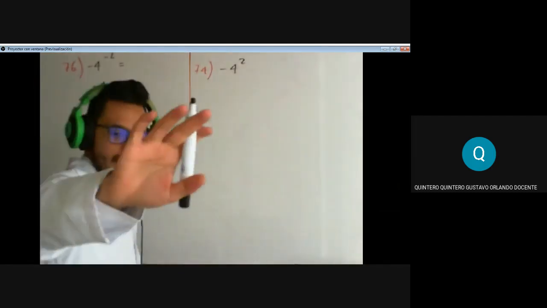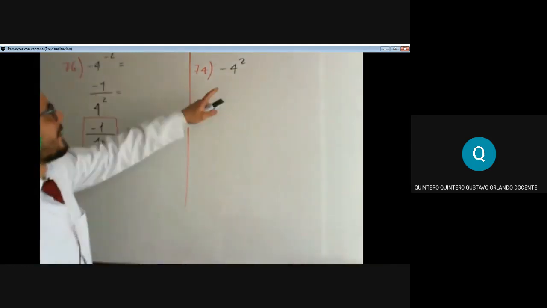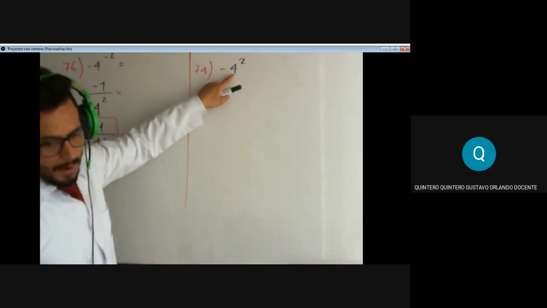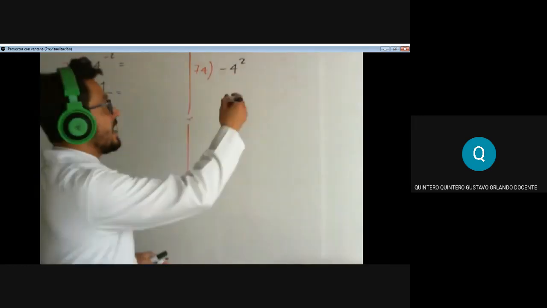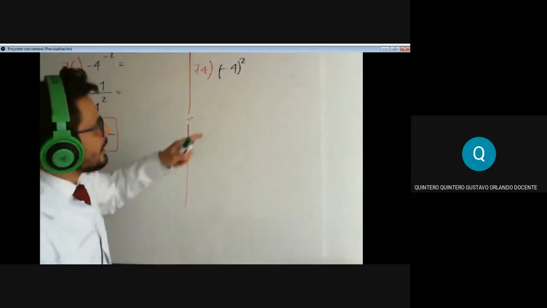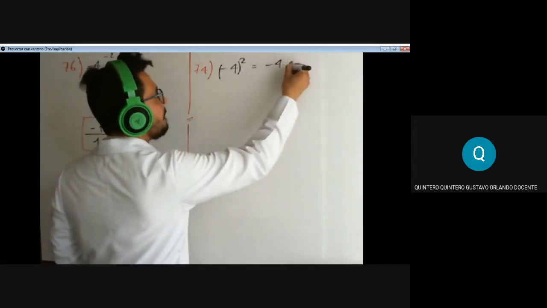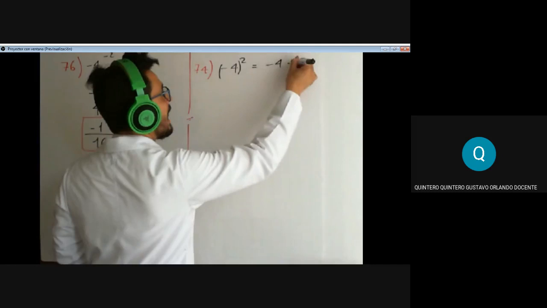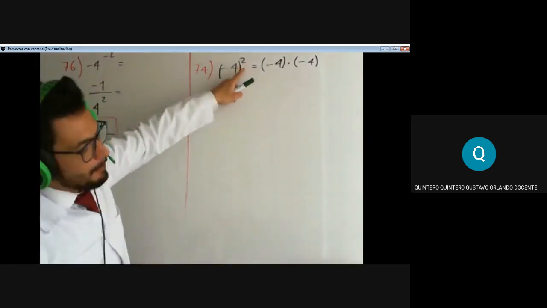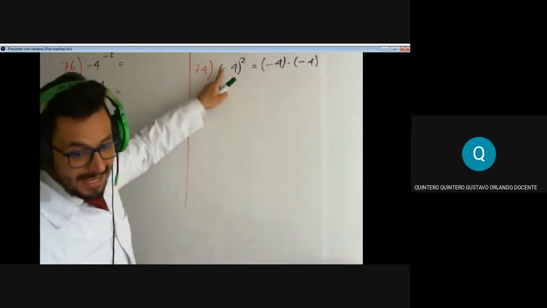Now you guys can see it. The 2 is only applied to the 4 because there is no parenthesis. If that is what we had, then we would have negative 4 times negative 4, with the 2 applied to the negative and the 4.